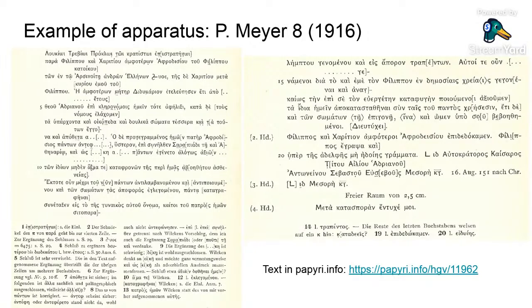So we have hamate in the transcription, but then in the apparatus, it has been mentioned that this reading has been given to this edition by Ulrich Vilken.